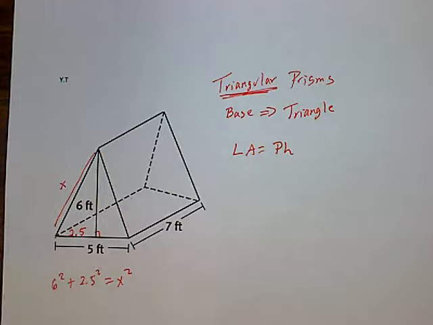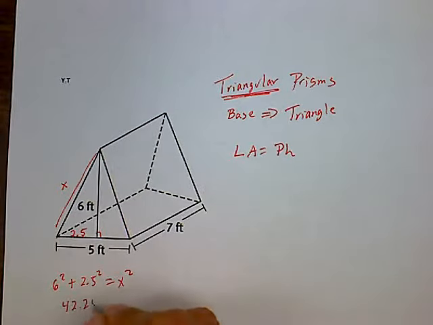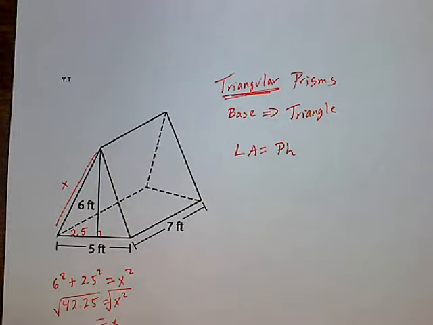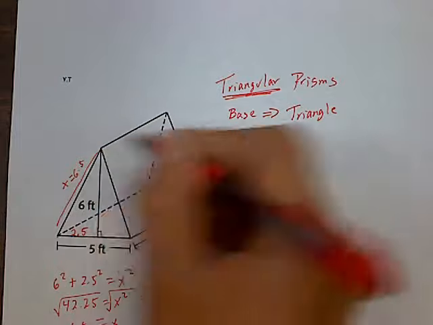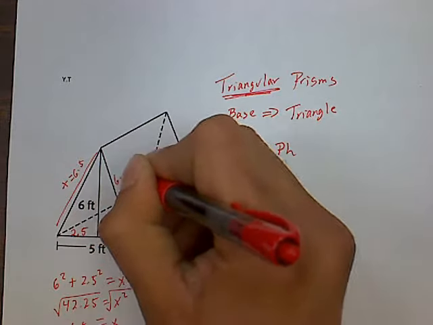That gives you 36 plus 6.25, which is 42.25 equals x squared. We take the square root of 42.25, and that gives us 6.5. So this here is 6.5, and therefore this one is also 6.5.